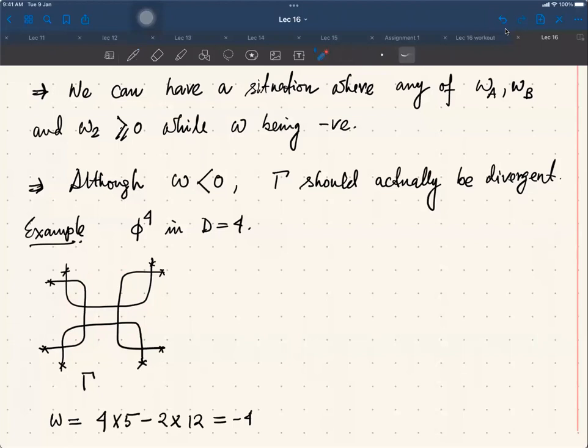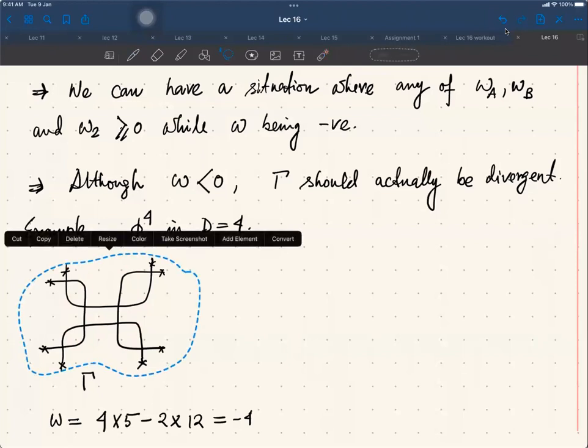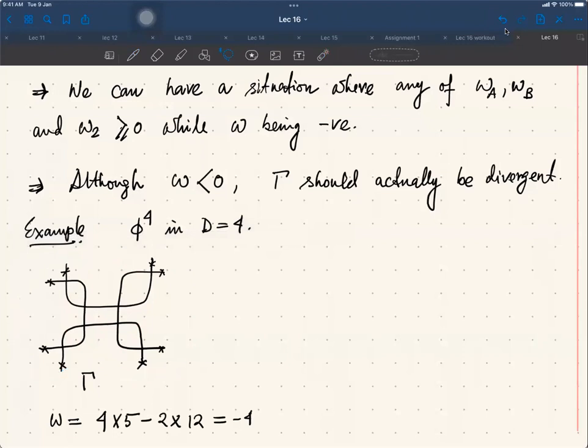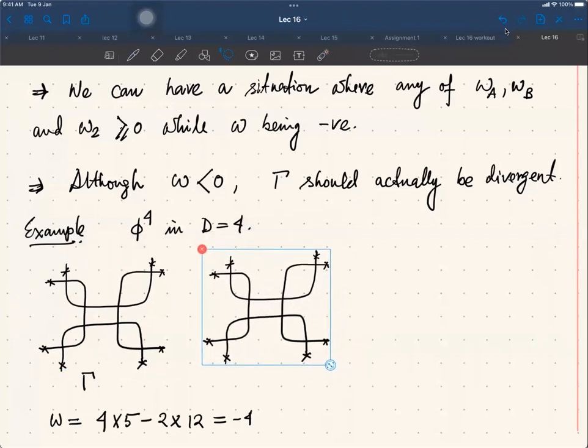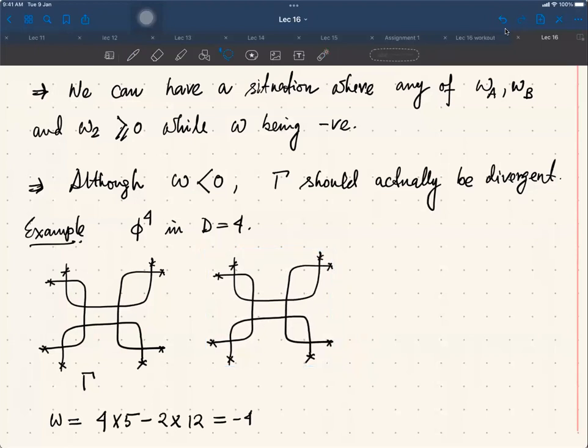But now let's consider breaking the graph into subgraphs.